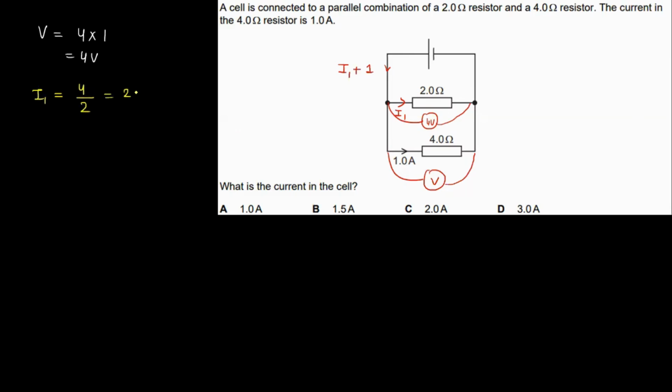This gives you 2 ampere. Now the total current, as I said, is I1 plus 1. So we calculated I1 as 2, plus 1, which is equal to 3 ampere. This is how you will calculate the value of current. So you can see here that the correct option is option number D.